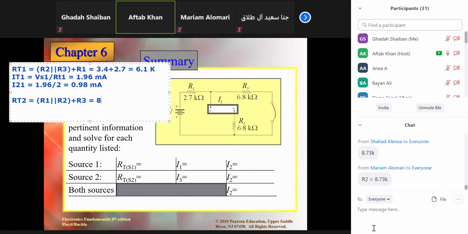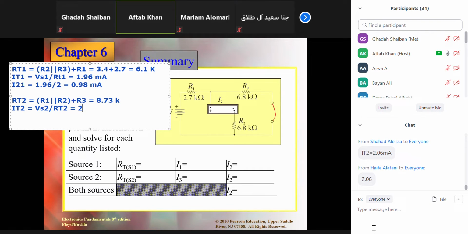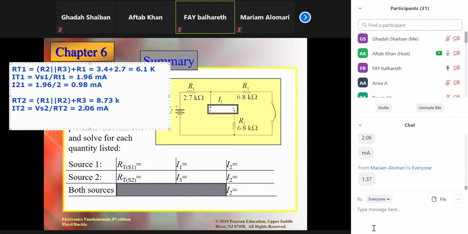Okay, 8.73 K. After getting this, we can calculate IT2, which is simple VS2 divided by RT2. So 12 divided by this one. Okay, 2.06 milliamps. Yeah, it will be 1.76. Yes. Yeah, it should be 1.37.